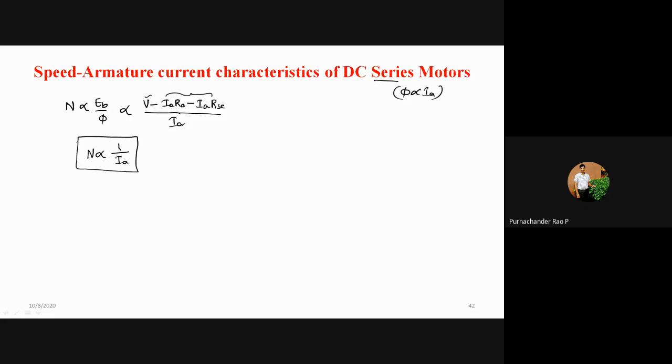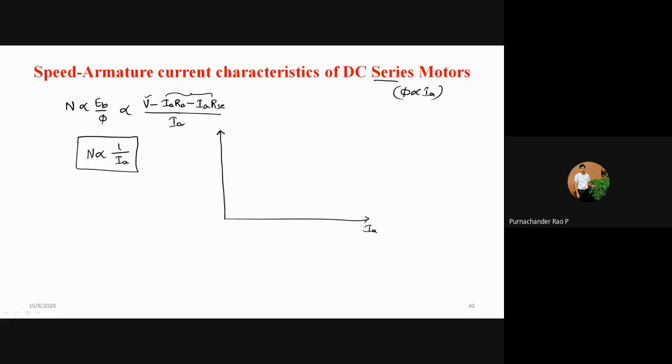The speed is inversely proportional to the armature current, so how must the characteristics look? Here, this is the speed and this is your armature current IA.